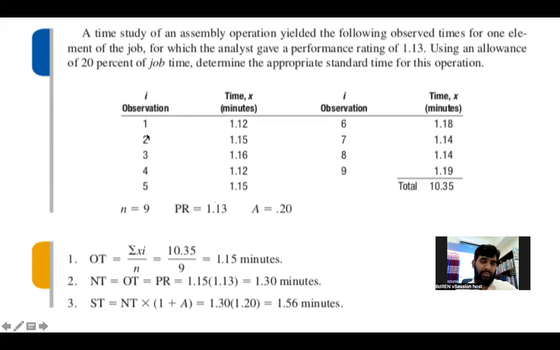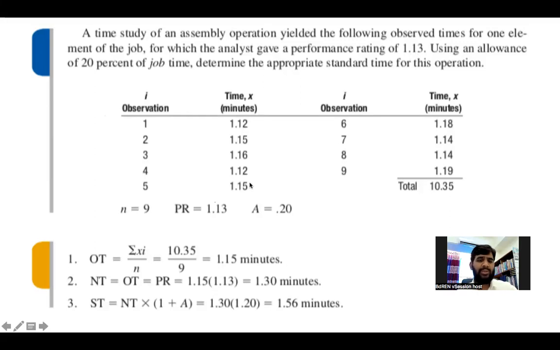These are the observations. There are 9 observations, and the time. First trial 1.2, second trial 1.15, third trial 1.16, fourth trial 1.12, fifth trial 1.15, and the total sum is 10.35. So sum of x, 10.35, divided by n, the number of observations, 9. And the observed time is 1.15 minutes, and the performance rating is 1.13.